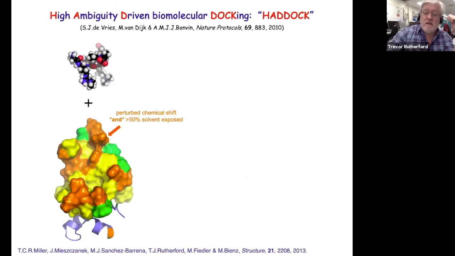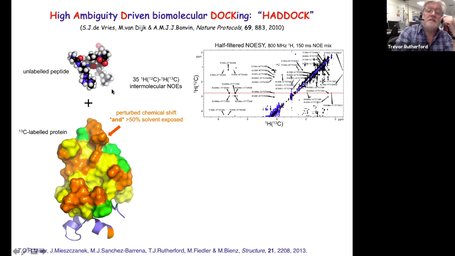We can then not only tell where a binding interface is, we can use modeling algorithms such as Haddock, developed in Utrecht University, for getting a high resolution complex. In this particular case, what we've done is we've used what's called a half filtered NOESY spectrum. So we only allow the signal from protons that are coupled to a carbon-12. So in other words, they're not coupled to a C13 in this dimension.